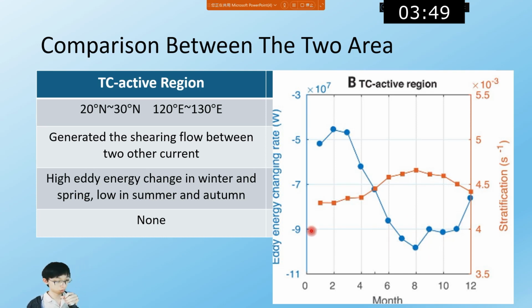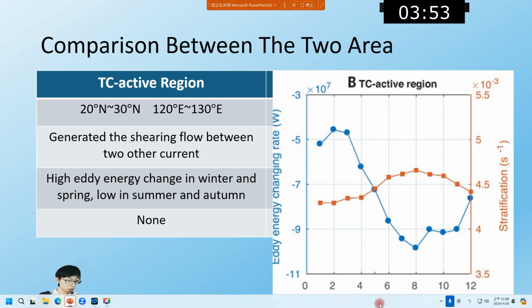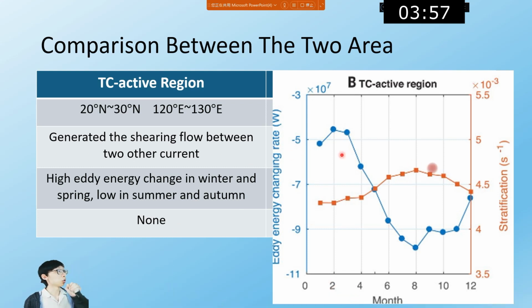So it is in phase with the seasonal variation of TC's activity. So we can know that maybe TC leads to the AD field to decay.